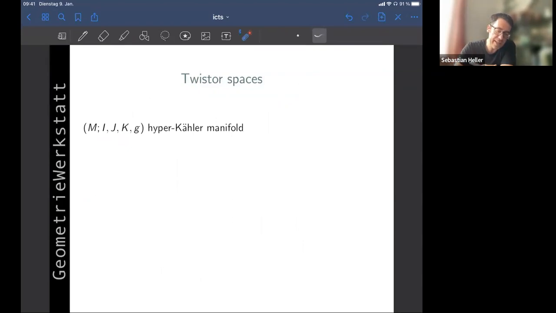So you have I, J, and K, as in the example of the self-duality solutions, and you have a metric which is Kähler for each of these complex structures. And then you can associate a complex analytic space, which has some additional structure, which contains all the information about this metric and this hyper-Kähler space.